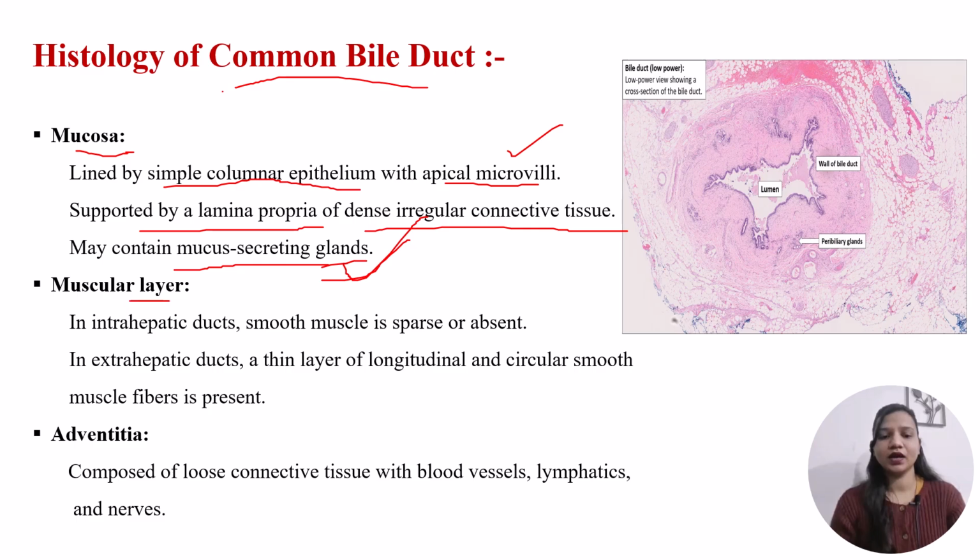Now the muscular layer. In intrahepatic ducts, smooth muscle is sparse or absent. Why? In the intrahepatic duct, the smooth muscles are sparse, meaning very rare, or otherwise absent. But in the extrahepatic duct, a thin layer of longitudinal and circular smooth muscle fiber is present.